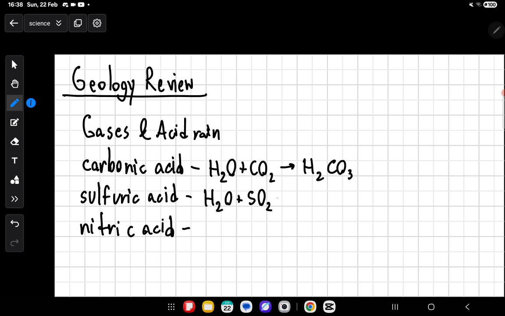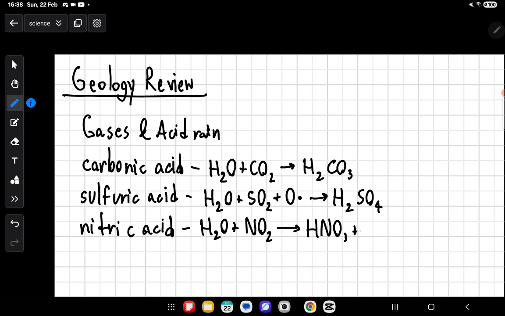So it's sulfur dioxide plus water. And with residue of oxygen, we can make sulfuric acid, H2SO4. As for nitric acid, it uses water too. So we have nitrogen dioxide, and it turns into nitric acid. And that's gases and acid rain.